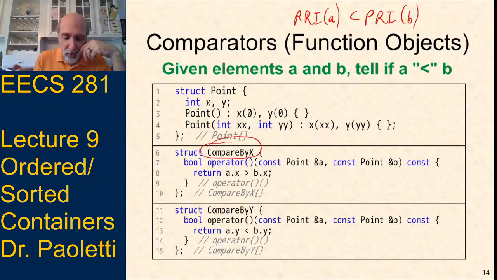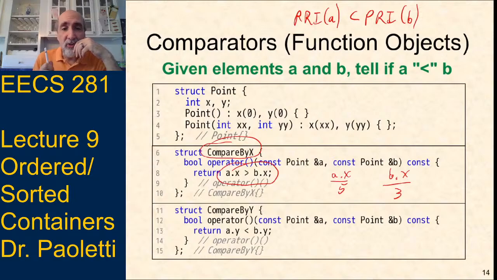So let's say I had 2 points where a dot x was 5 and b dot x was, let's say, 3. Okay, so the question is the priority of A less than the priority of B? So what we actually test is a dot x greater than b dot x? In this example, it is. So this function would return true.